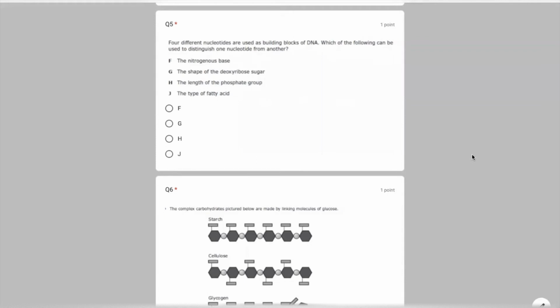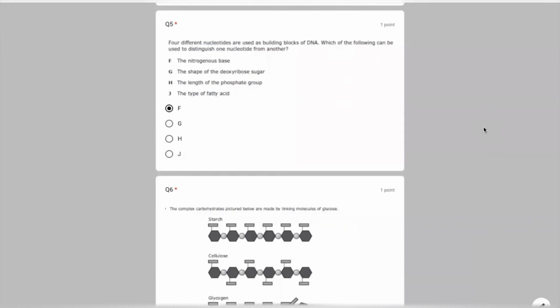So F is saying that the nitrogenous base changes the nucleotide, and that's true because there are four different types of nitrogenous bases. There's guanine, cytosine, adenine, and thymine, which are all found in DNA. G, the shape of the deoxyribose sugar.